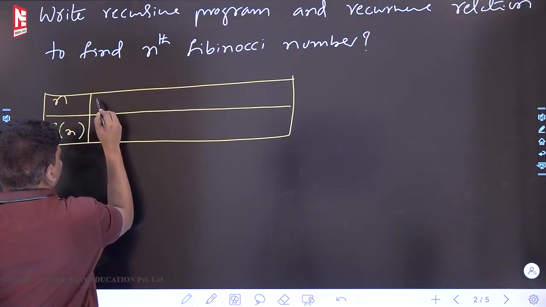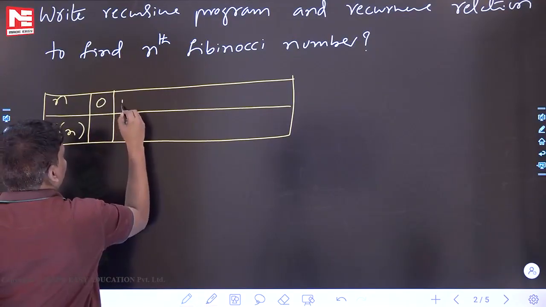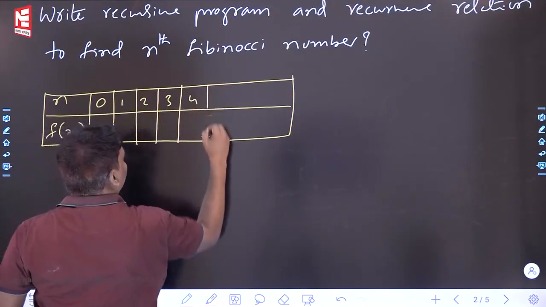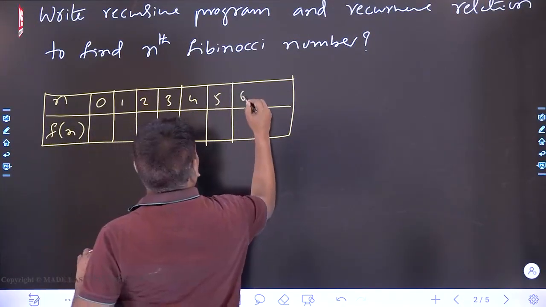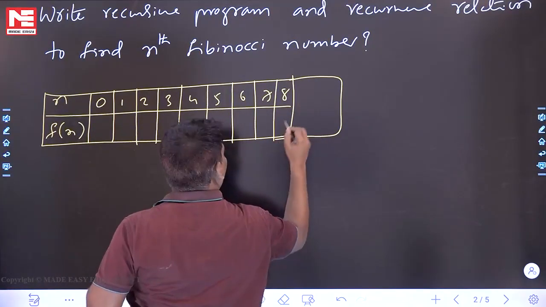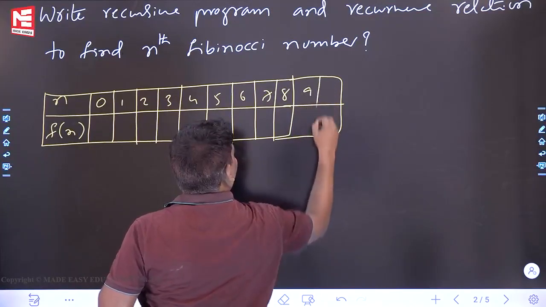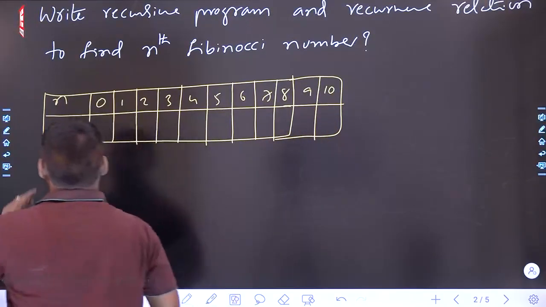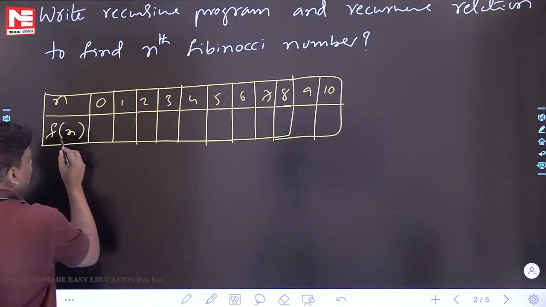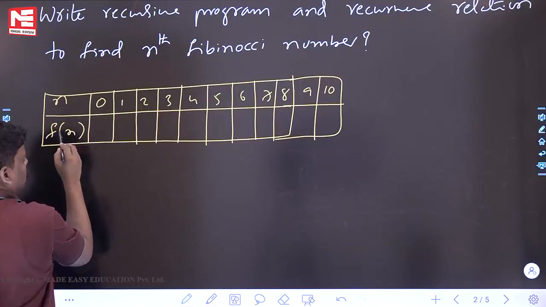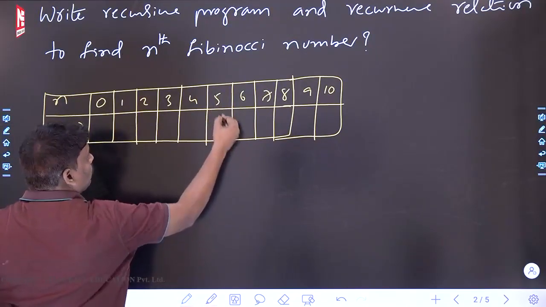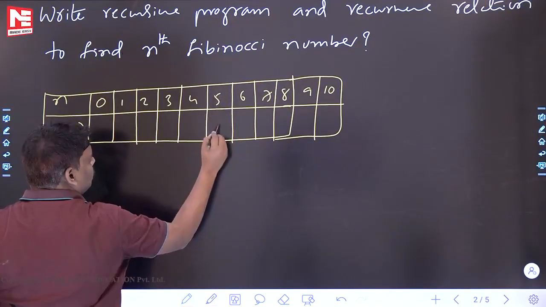Many people know it; let me remind you once. 0, 1, 2, 3, and so on. This is n, and it is the Fibonacci of n. Can you help me with one small line now? How to find the Fibonacci of 5? If n is 5, what is the Fibonacci of 5 value?